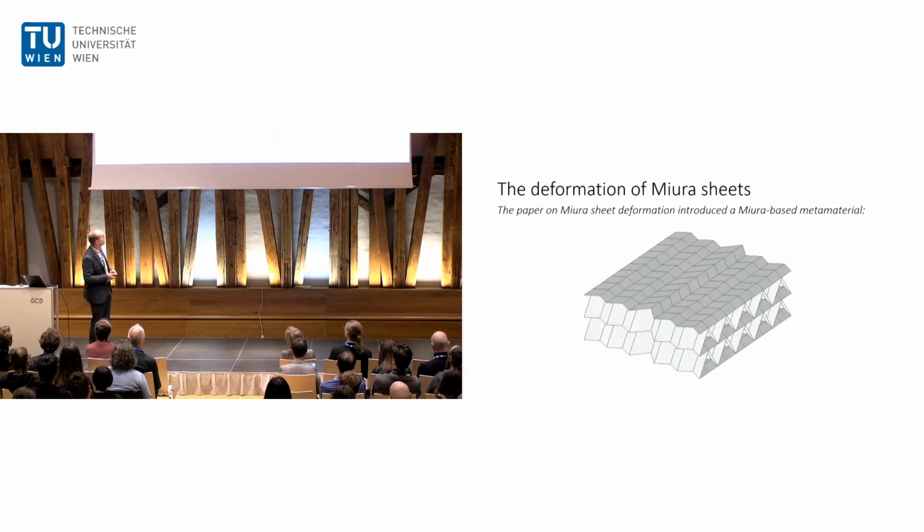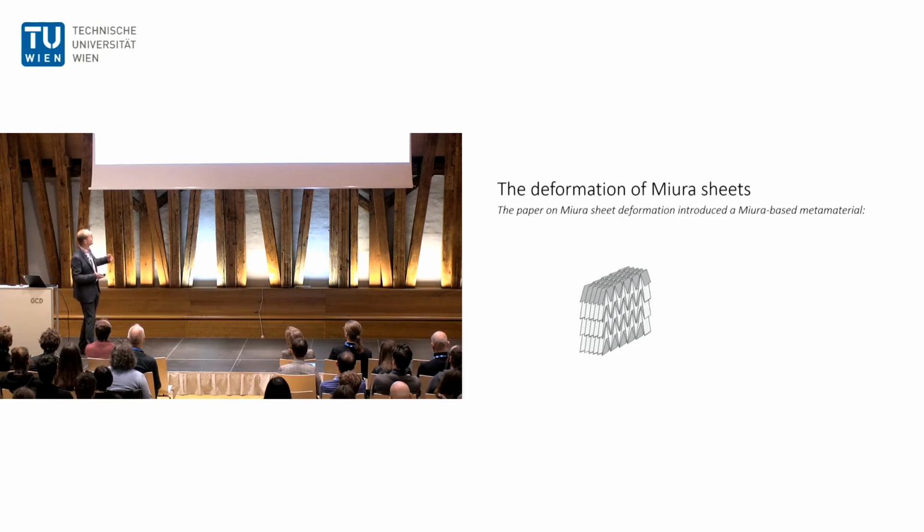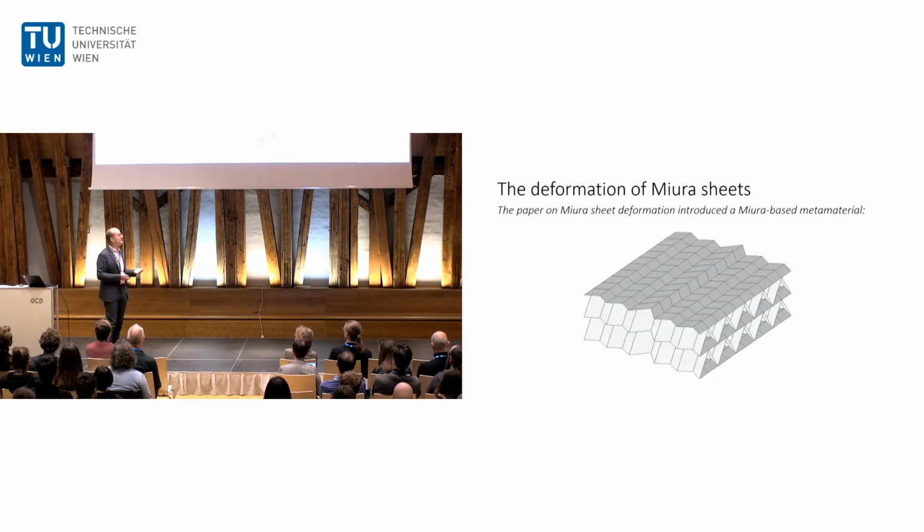So this was, in that same paper, the deformation that I showed earlier, this deformation of the sheet. And almost as an aside within that work, we also showed another way of stacking a set of polyhedra, and another way of stacking a set of Miura sheets. And this looks very much like the previous picture that I'd shown. But what you might notice is that one of the fold lines in the center has just been changed a little bit.